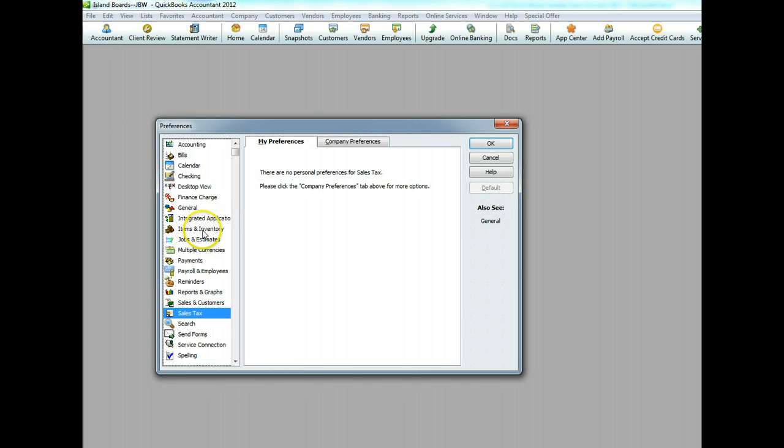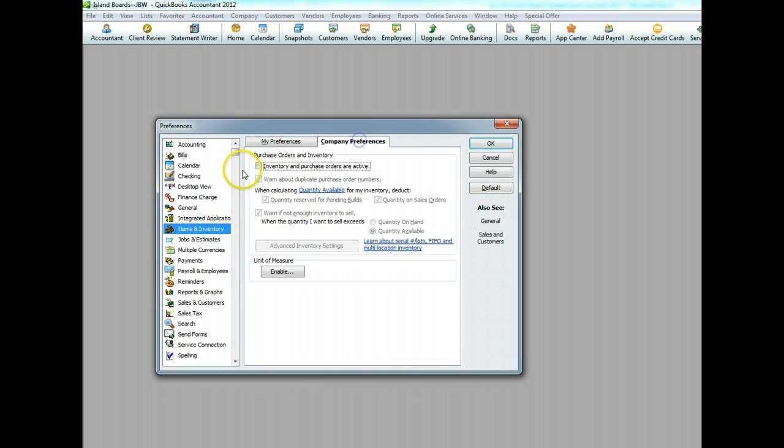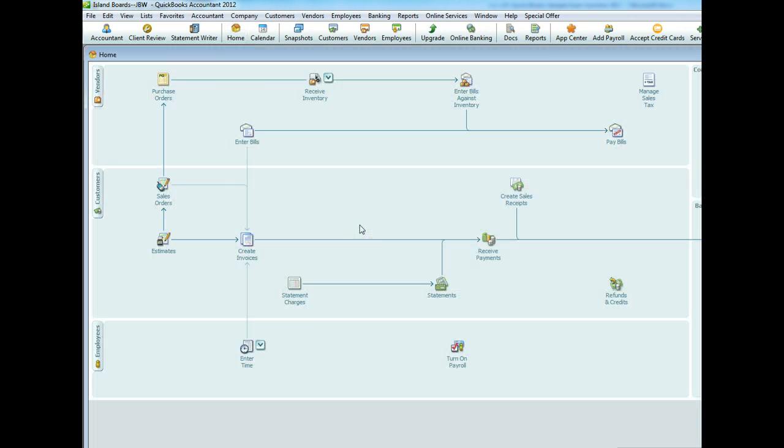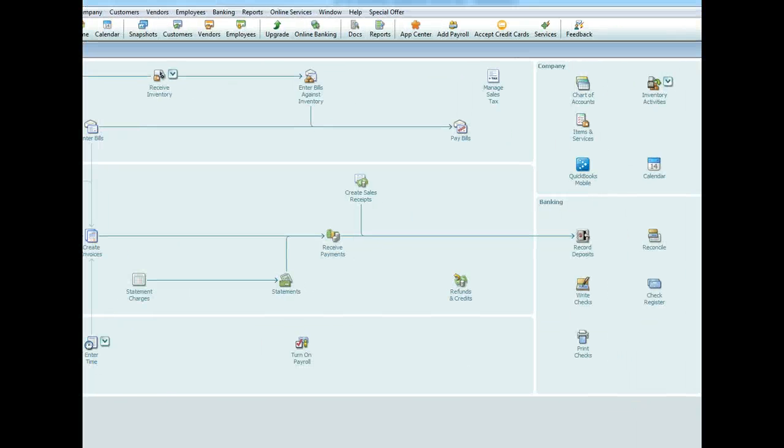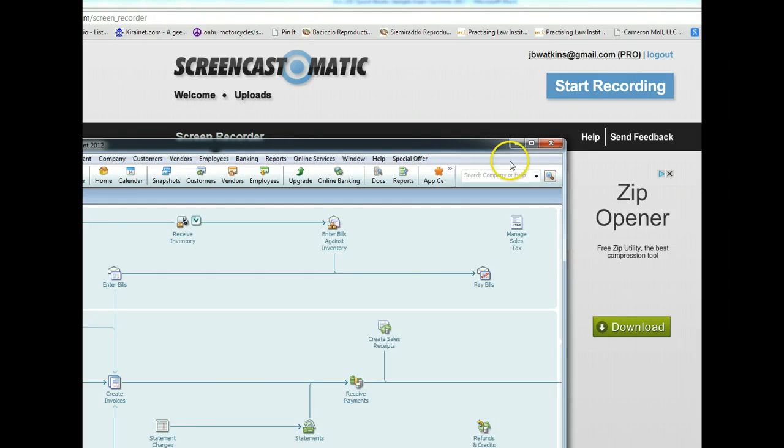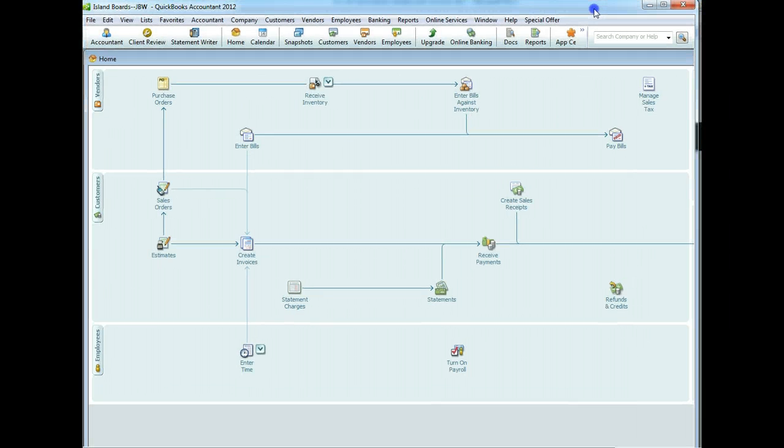And this time we're going to turn on items in inventory. Inventory purchase orders are active. Okay. And go home. Here we go. Now, I'm sorry, but let me see if I can make QuickBooks behave here a little better. There we go.